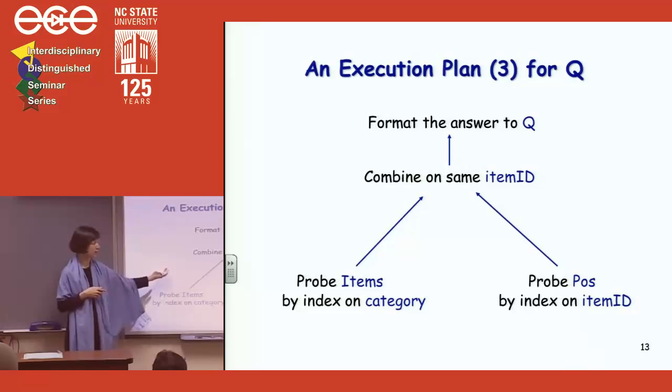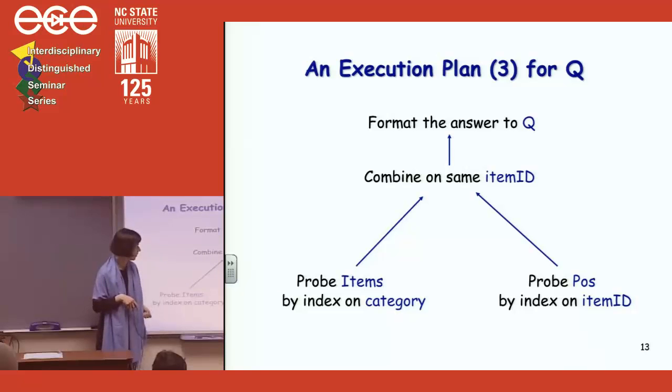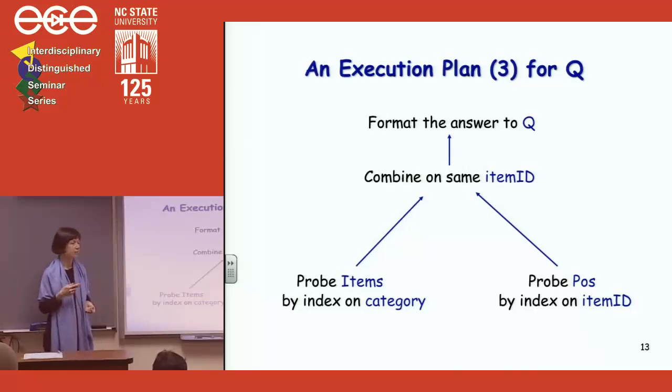Indexes are just pointers to stuff where the category is appliance in our case. And so you get just the relevant item IDs here, and then, as in the previous slide, you probe the other table. So here you are not looking at any irrelevant data. So it's much better. It's a big improvement over the previous plans.